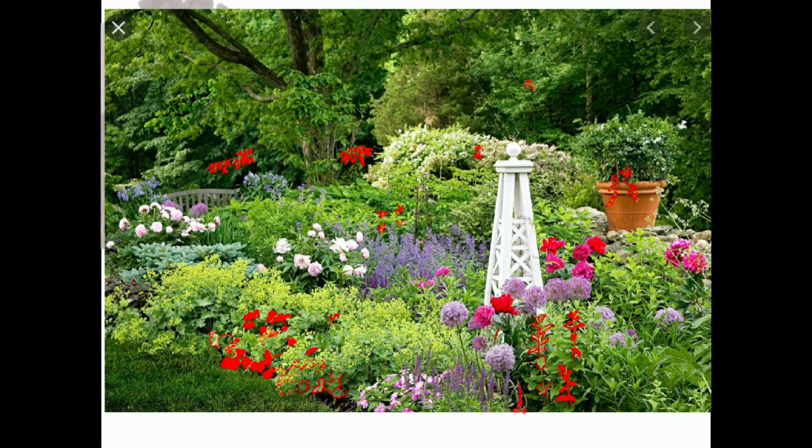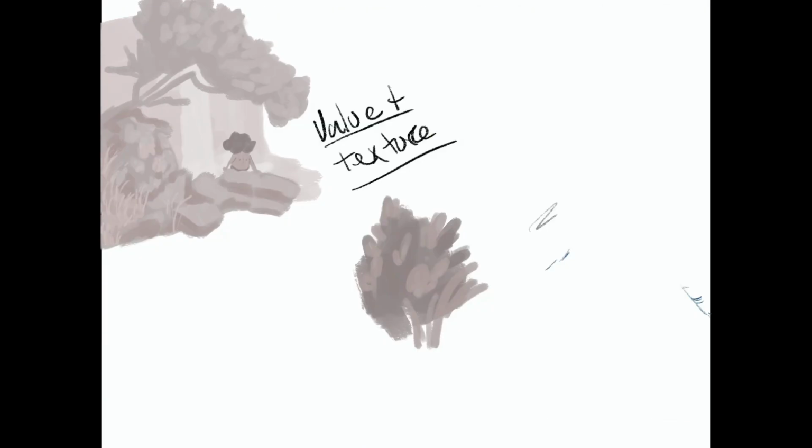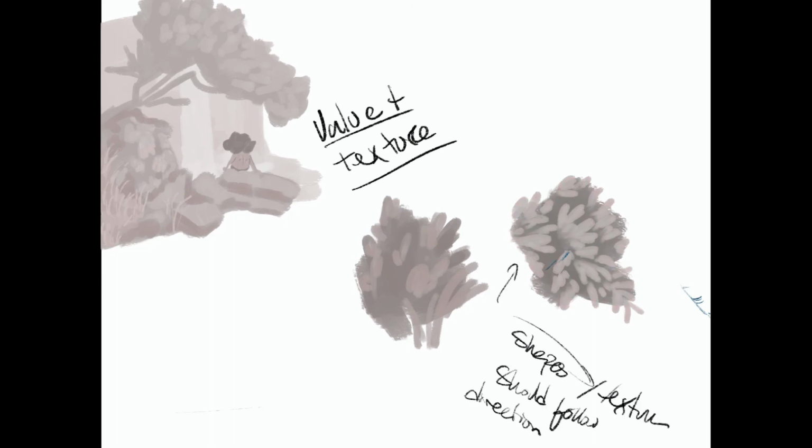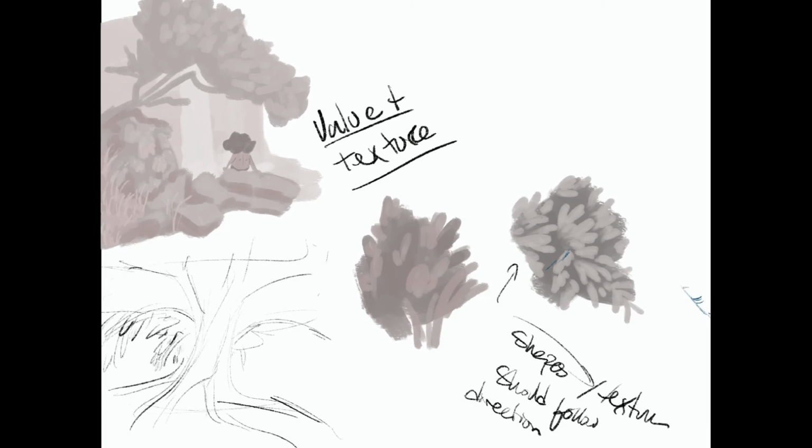I looked up a picture of a really complex garden and drew over it to see what kind of textures exist in a natural environment, and then took what I learned and applied it to a quick sketch.